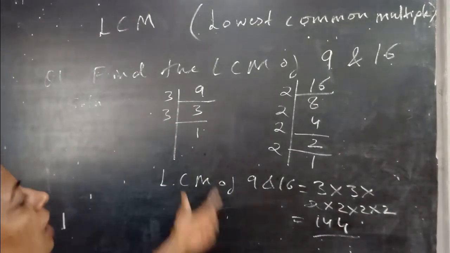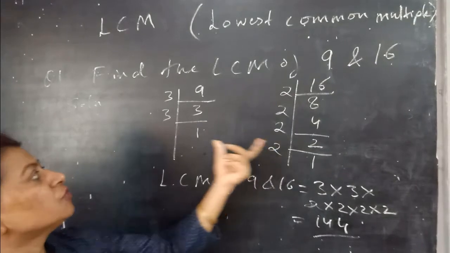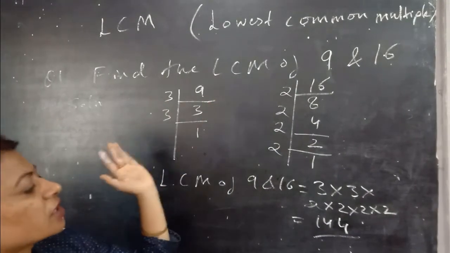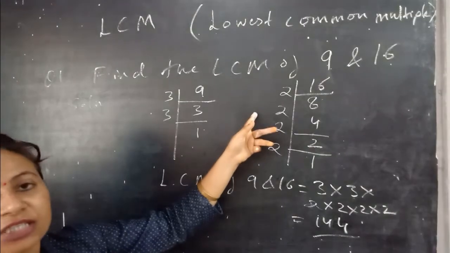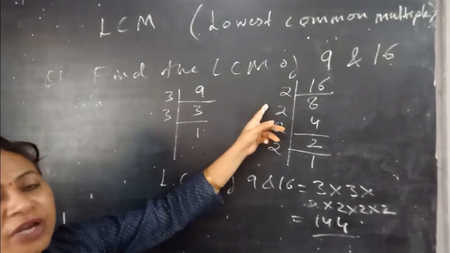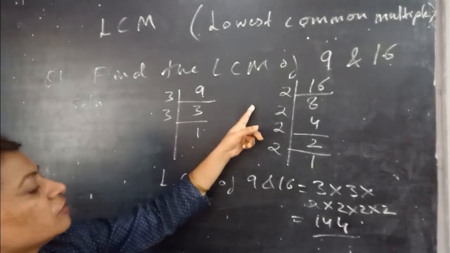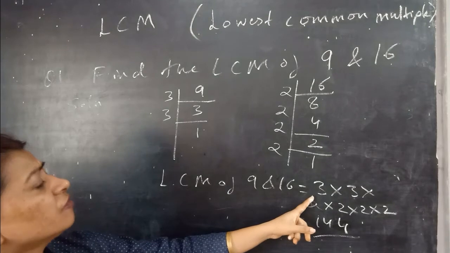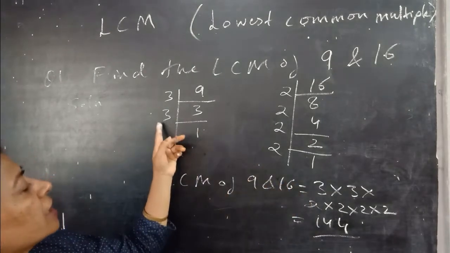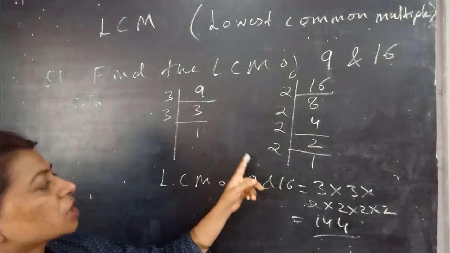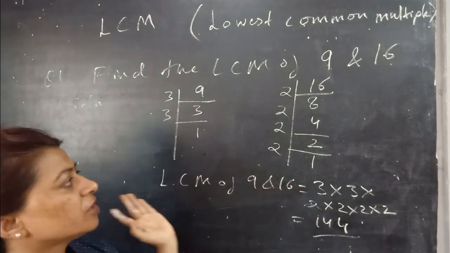So if you are taking them separately, you have to check whether any common factor is there. If a common factor is there, circle it and take only one time that number, and multiply it with the other uncommon factors.